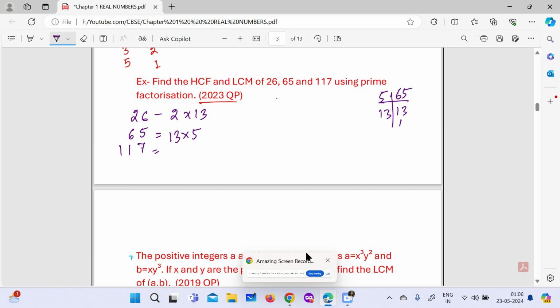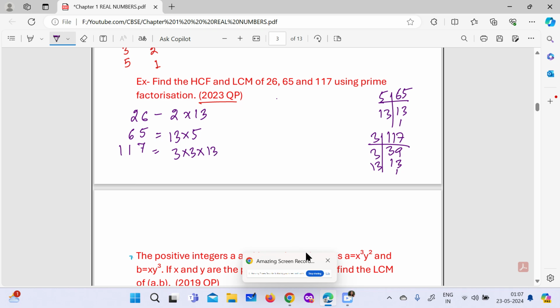And 117, if you remember the table, it is nothing but 13 nines is 117, and in prime factor form we will write 3 times 3 times 13.